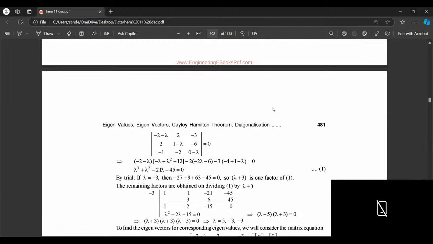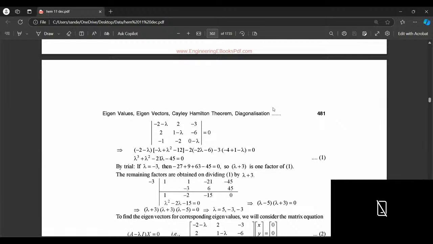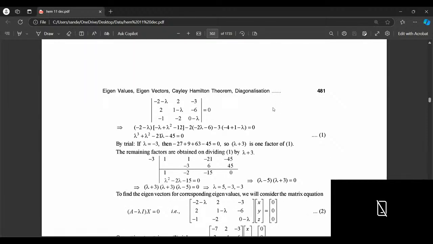So you need to use the synthetic division method again to find the eigenvalues. Here is given the synthetic division method. Now we have to take a trial root. Lambda equal to minus 3 is taken here.